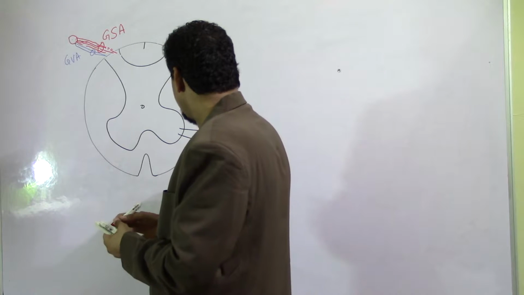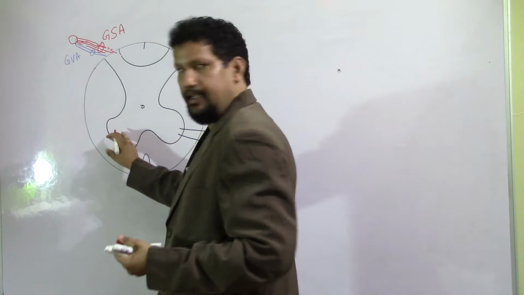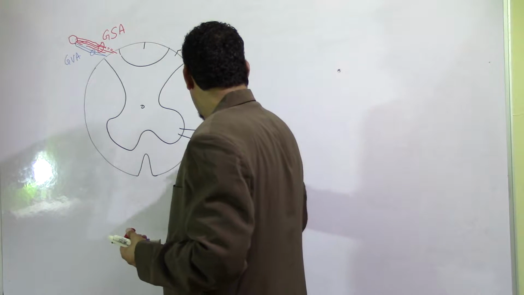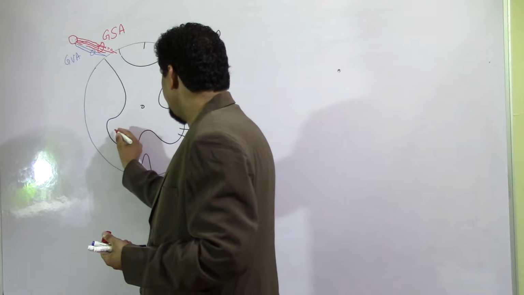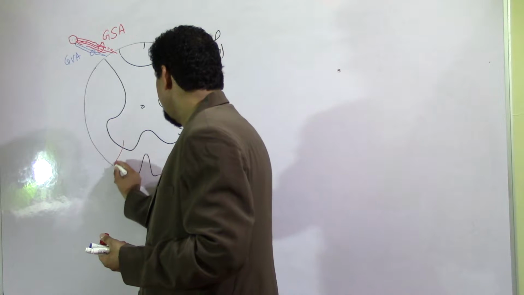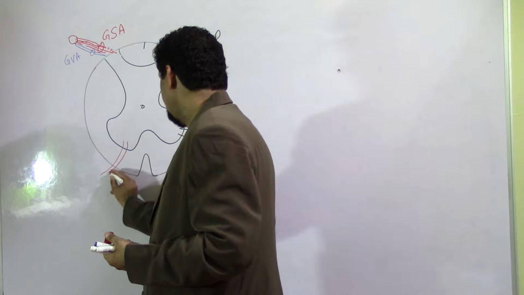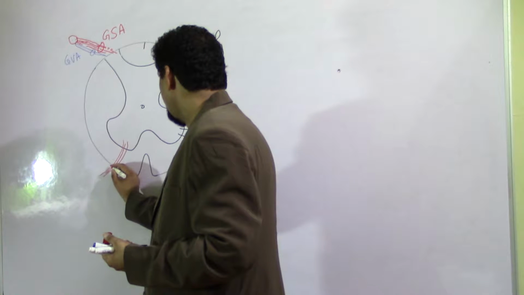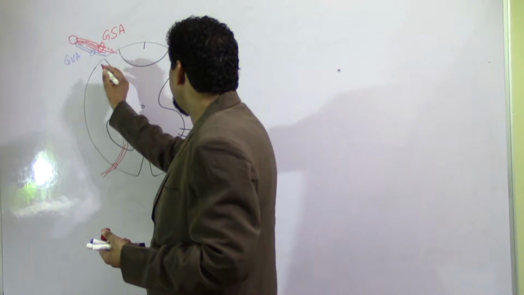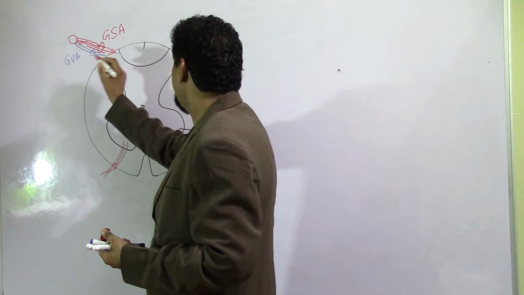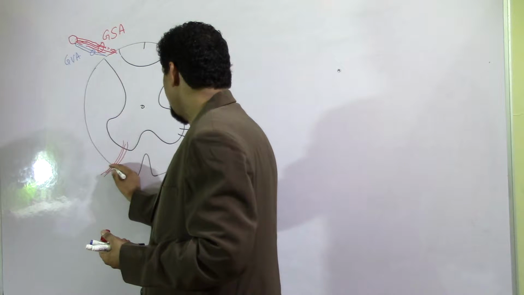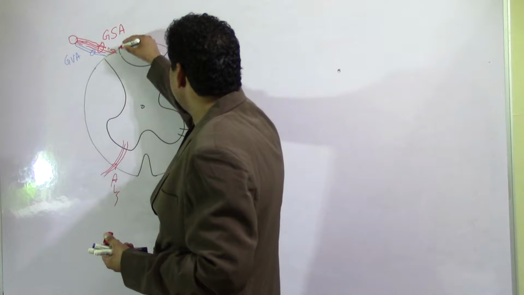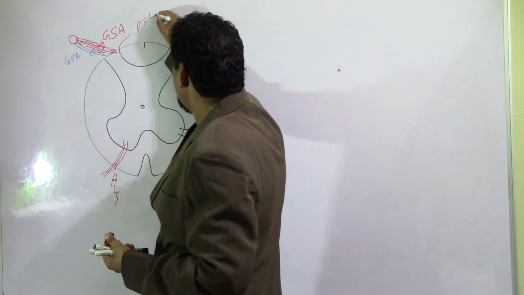And here, in this motor or ventral horn, the fibers leave the spinal cord from the ventral horn. The sensory fibers enter from the posterolateral sulcus, and here is the anterolateral sulcus.